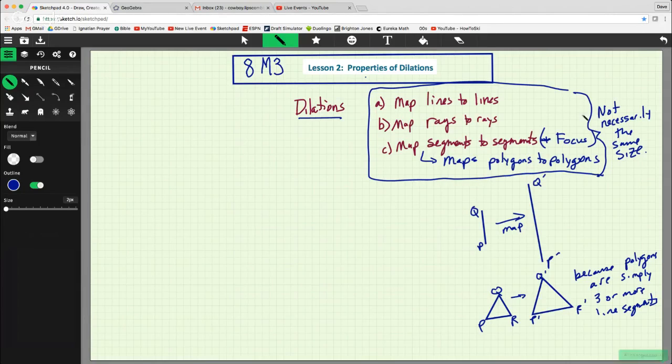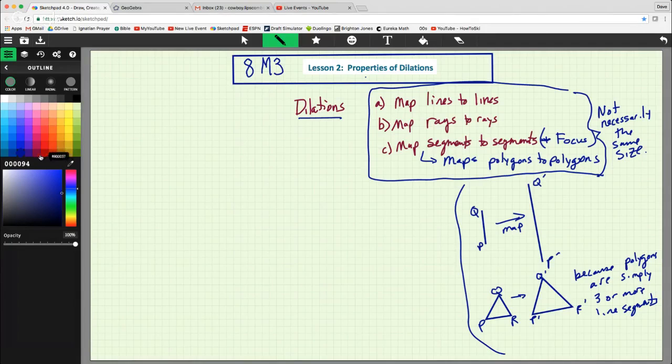In rigid transformations, these are the same size. But in dilations, as you can see here in my two examples, PQ and P prime Q prime are not the same size, and neither are PQR and P prime Q prime R prime. Same shape, different size.